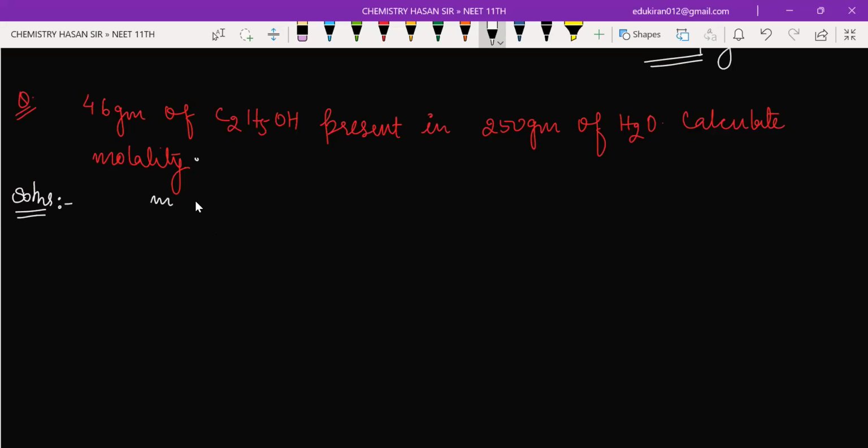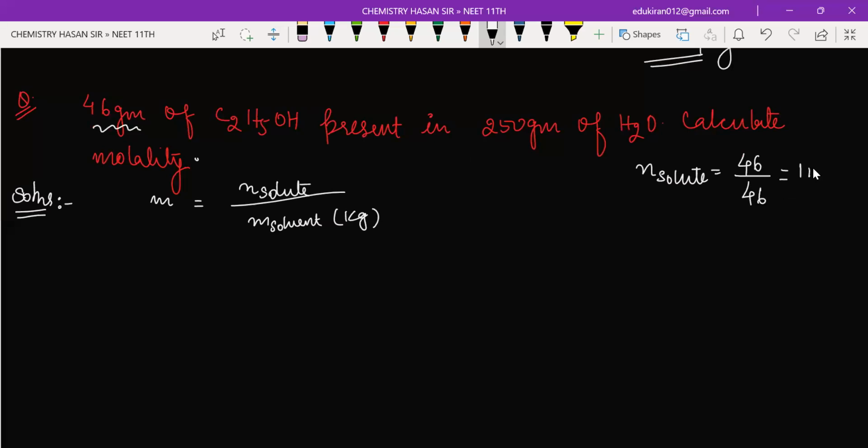So molality has a formula, number of moles of solute upon mass of solvent in kg. So again, you have to calculate the number of moles of solute that is given mass, that is 46 gram. And if you are going to calculate the molar mass, that will be 46. So number of moles of solute is 1 mole.